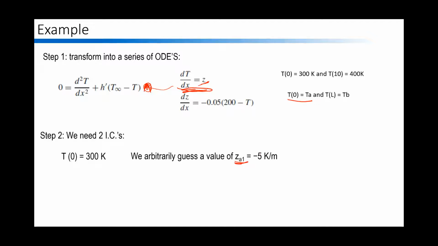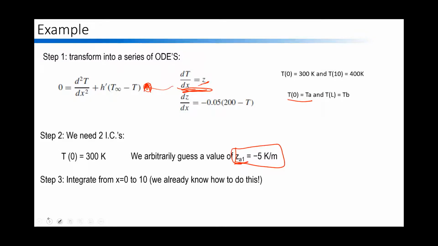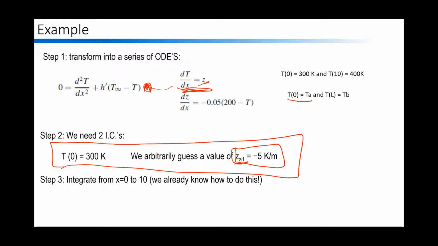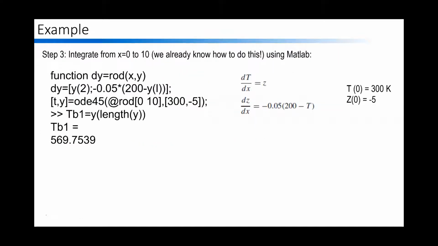Right? So now with this guess, I have an initial value problem. It's just like we talked about for the last few classes. So all we need to do is now use this initial value problem that we've just set up to integrate x from 0 to 10. I'm not going to go through how to do this because we've spent a long time talking about this already. We can go into MATLAB or with pen and paper and do out this integration, right?